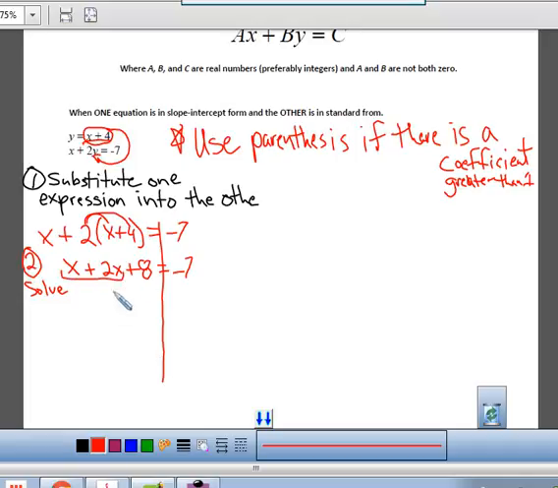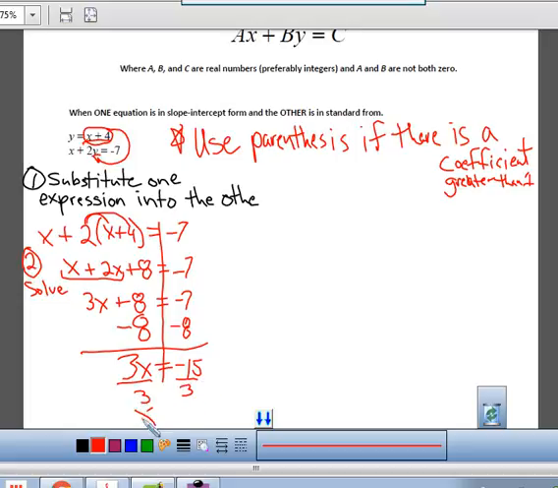Combine like terms: x plus 2x is 3x plus 8 equals negative 7. Now I'm going to do a step that some of you may not like, but it makes the most sense here. Subtract 8 from both sides. 3x equals negative 15. Divide both sides by 3, and you get x is equal to negative 5.